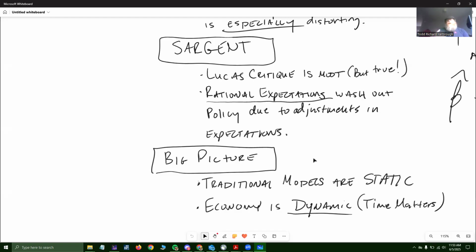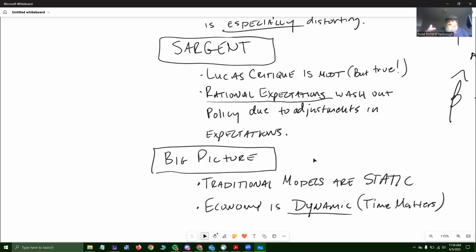And the idea behind rational expectations was that we factor in not merely inflation expectations, but expectations about all other aspects of the economy, including policy. So we have, in a sense, policy expectations that then generate our expectations over variables.